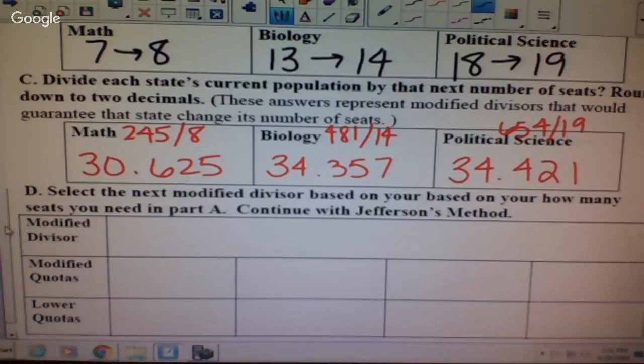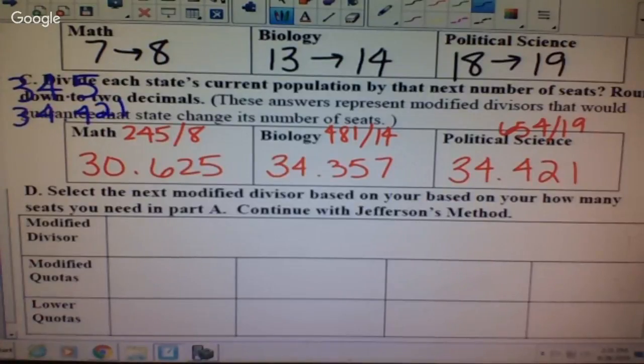If I need to go lower, what's the first one that's right below where I started? Remember, we started at 34.5. The first step down is 34.421.